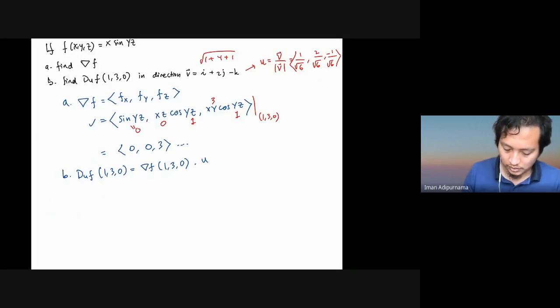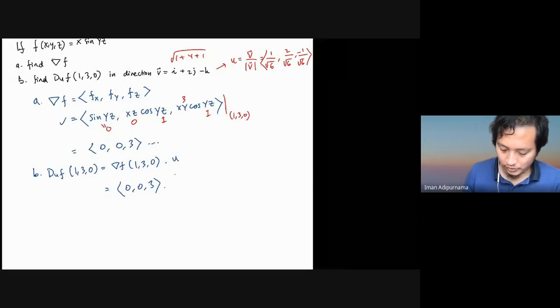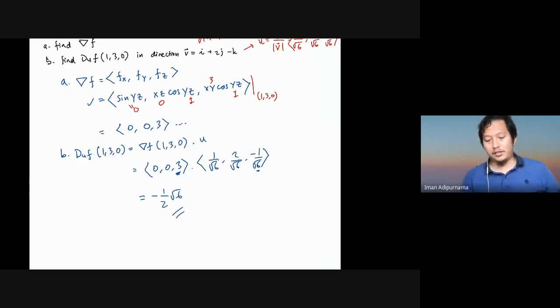So this is 0, 0, 3, and dot the unit vector. And this is 0, 0, and we just multiply the last part here. If you multiply, it will be negative square root of 6 over 2.